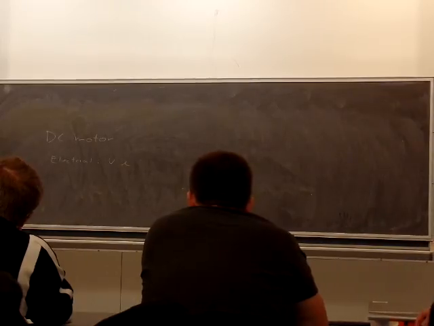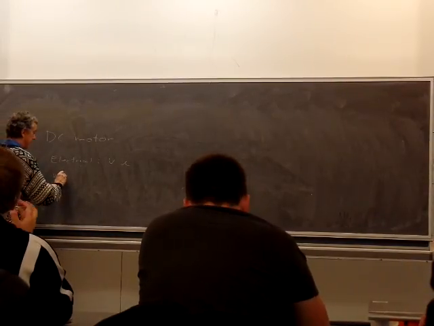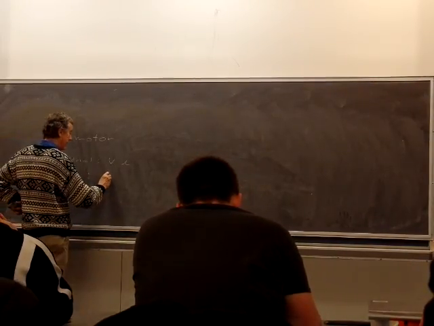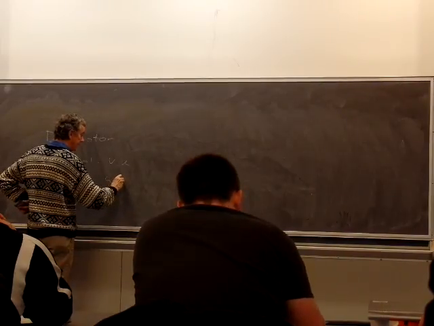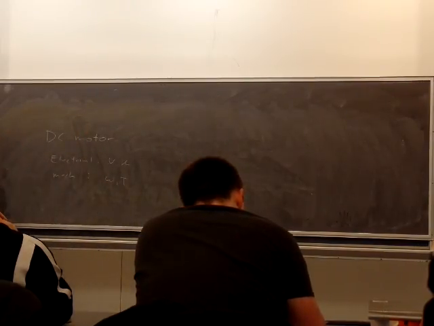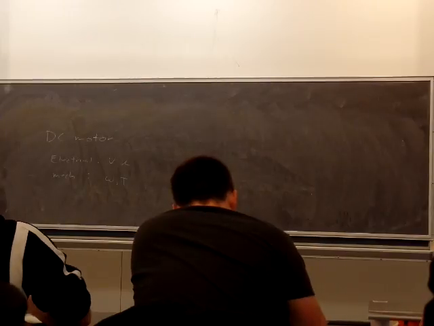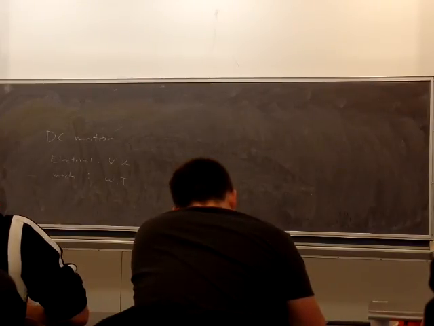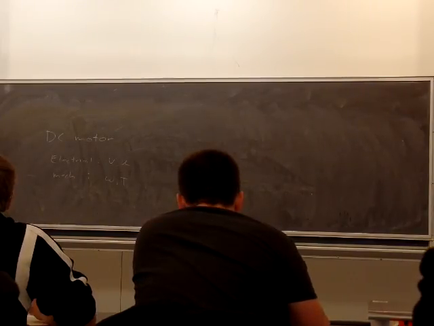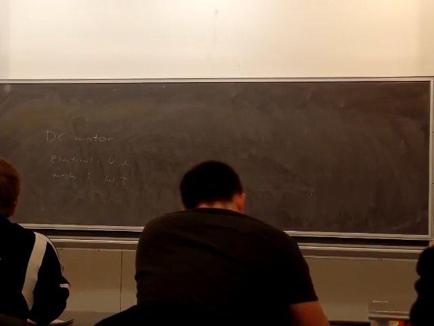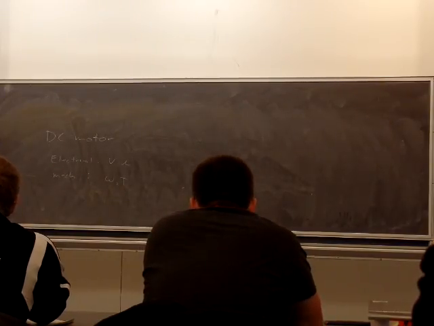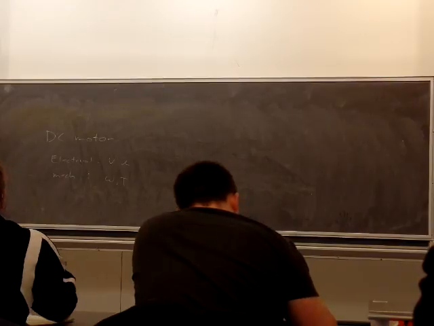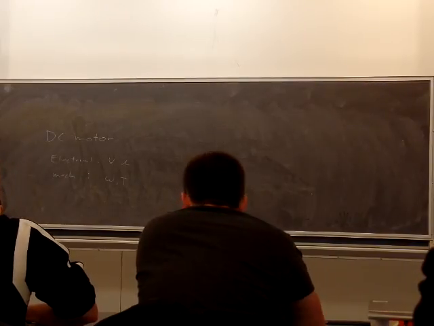Right? Mechanical side, we have speed and torque. Right? And you want to remember the relationship between the electrical properties and the mechanical parameters for a DC motor. We have two things that apply together.